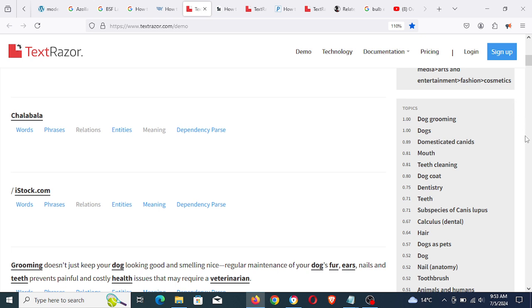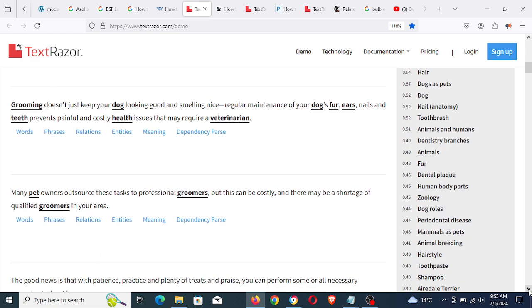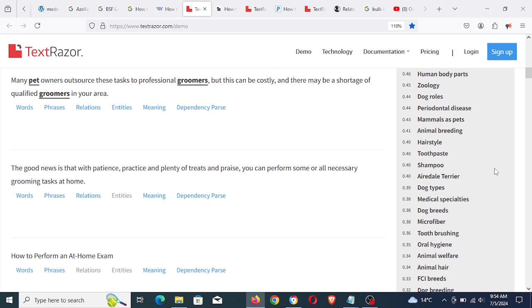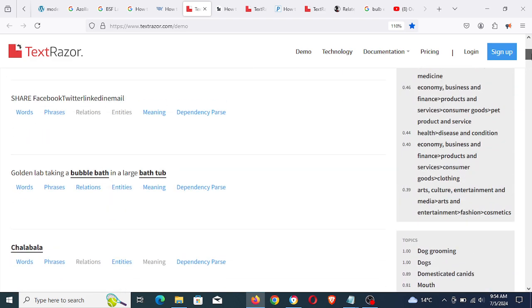So dog grooming, dog's mouth, teeth cleaning, dog coat, dentistry, subspecies of Canis lupus, calculus of dental hair, pet dogs as pets, dog nail, toothbrush, animals and humans dentistry. You're seeing a lot of periodontal diseases, animal breeding, tooth shampoo, a lot of terms related to grooming, oral hygiene, dental anatomy. So most of the topics are related to grooming the dog.